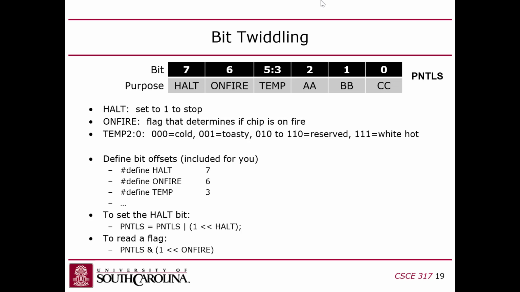So the register is called PNTLS, and then each one of these fields has its own name. And all of those things are defined in a header file. So if you want to access this thing, generally speaking, you'll get the name of the register and the fields from the data sheet, from the documentation. And then in your C code, you just use them because they will be defined for you with the header files that you will include.